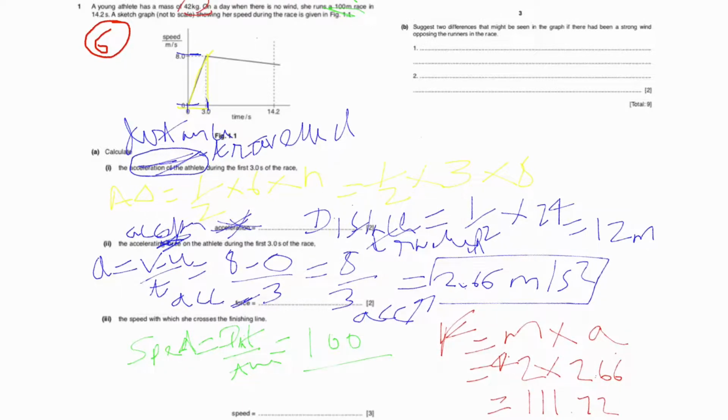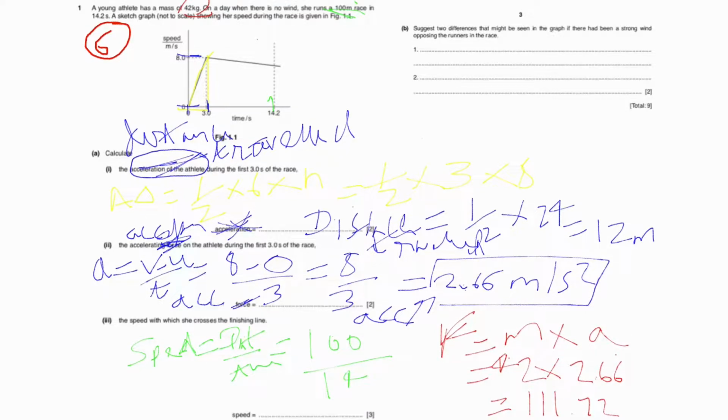Time here we can see is 14.2 seconds in the graph. So we will calculate this on the calculator and let's see the answer. So the answer is coming 7.04 meters per second. Speed equals 7.04. At this speed she is crossing the line. So this is the answer.